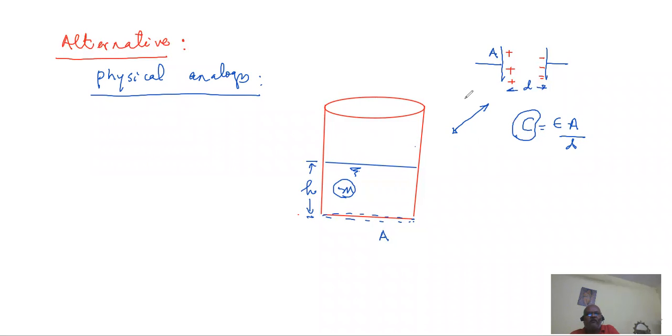Maybe the comparison can be the mass of the liquid or volume of the liquid, maybe something else. I won't be telling the answer, only giving the end result: the capacitance can be compared with the base area of the container.